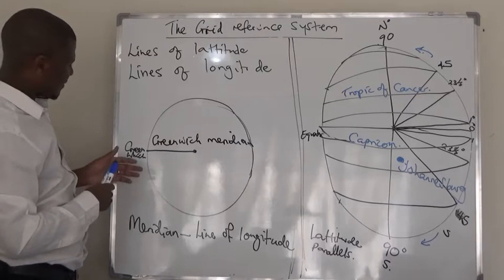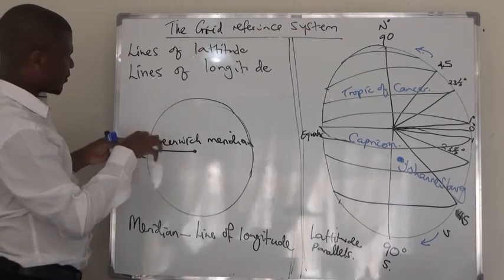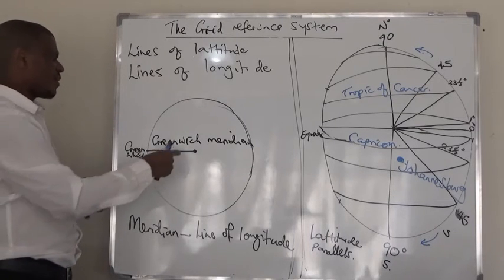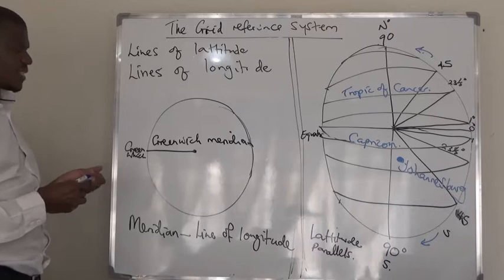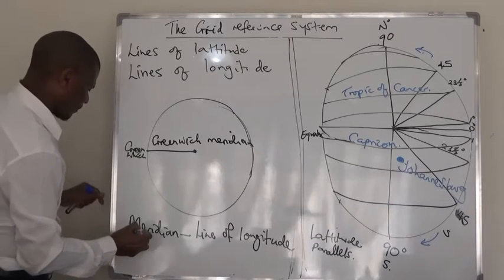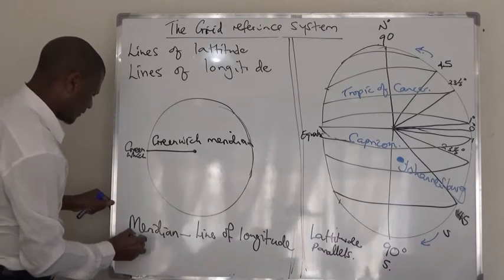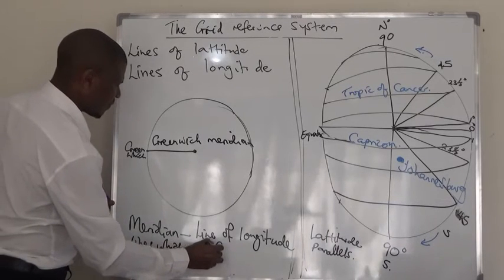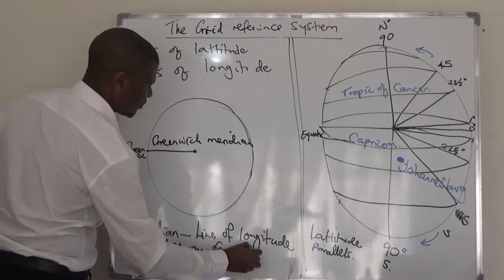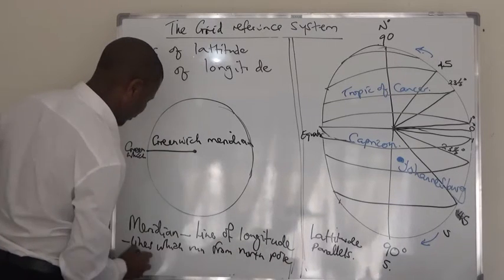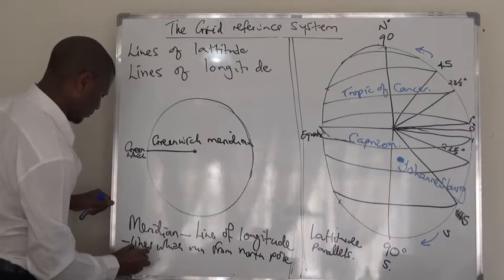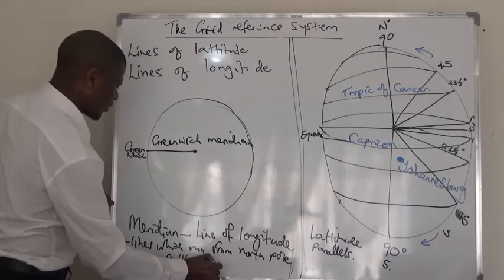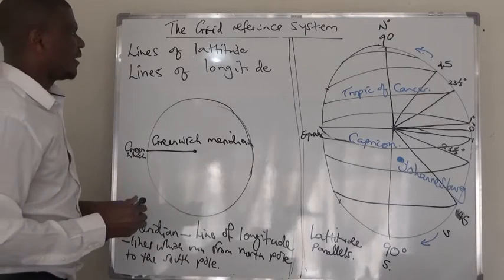Standing on the North Pole, you would then have this line running from the North Pole to the South Pole. So meridians are lines which run from the North Pole to the South Pole.